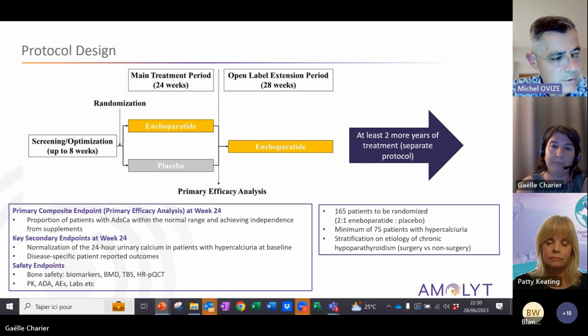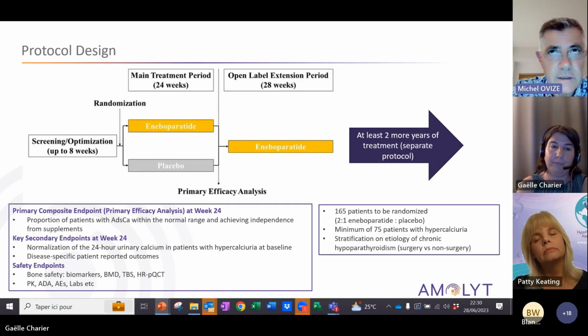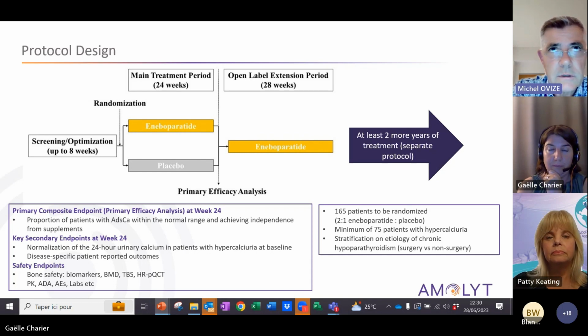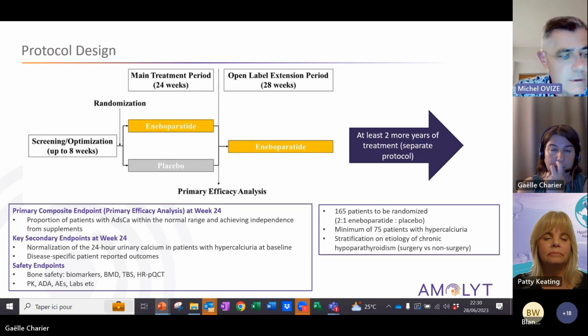This is a very important population, and they have specific characteristics for this disease, which means that sometimes diagnosis takes long years before they can be diagnosed as hypopara patients. The treatment is difficult, as you know, and the duration of the disease, by definition, is much longer when they come to adulthood, compared to the usual post-surgery hypopara etiology.